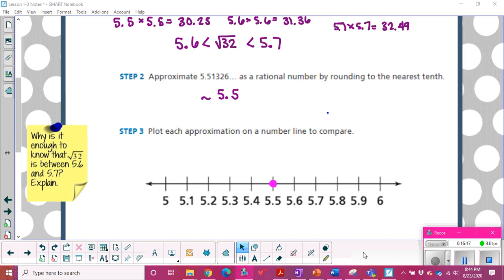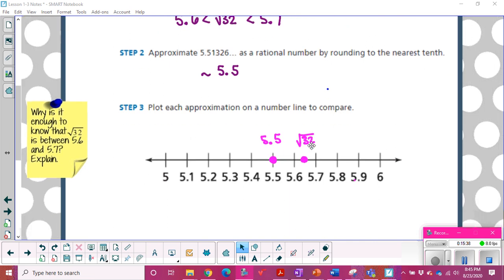And I know that the square root of 32 is in between 5.6 and 5.7, so that's why I'm going to graph it right here. This was the square root of 32, and this was just the 5.5. Now I can compare these two numbers and come up with a solution.